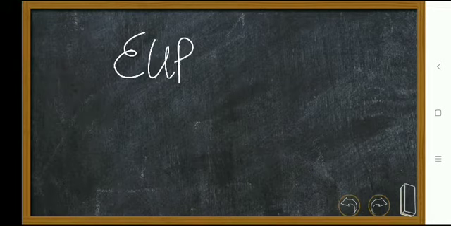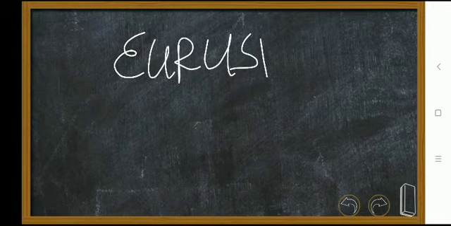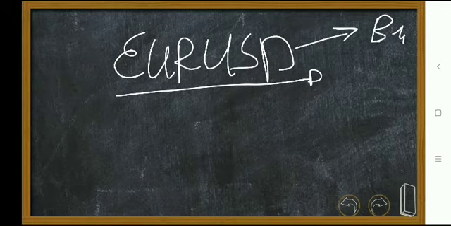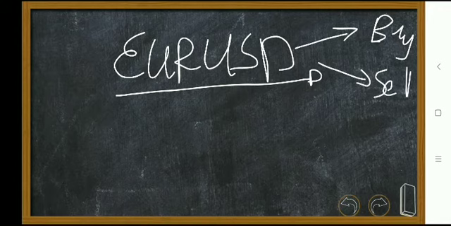Let's have this, for example. Remember, this is a currency pair. So you will either buy or sell this currency pair. You may buy or sell for a number of reasons.